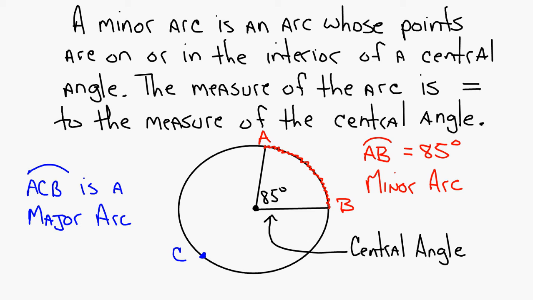When you're talking about arc AB, that means you start at A, you go directly to B, shortest path possible. When you're describing this major arc, ACB, it means you're going to start at A and end at B. But since C is in between A and B, you have to go this direction. You have to go through point C on your way to point B. Minor arcs, 2 letters. Major arcs, 3 letters.